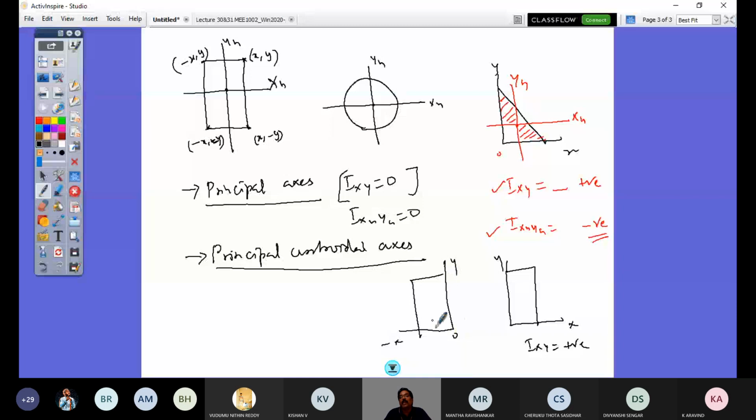So now any coordinate here is negative x and positive y. So IXY value is going to be a negative value here, right? So this is what you should understand. Product of inertia can be positive, negative, or 0. When it is 0 about an axis set, then that axis set is called a principal axis.